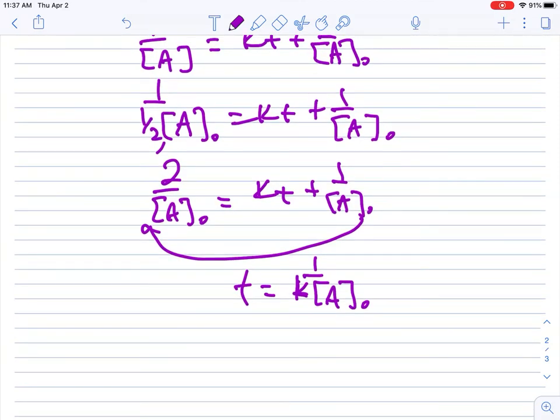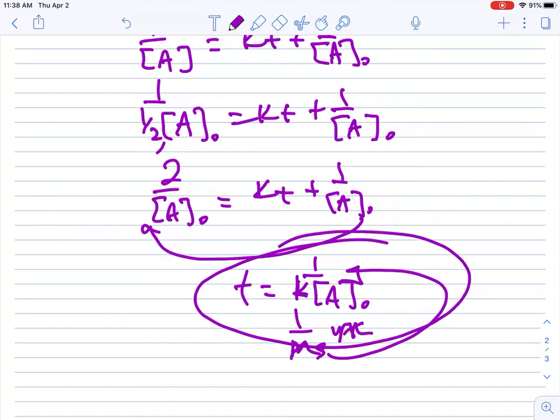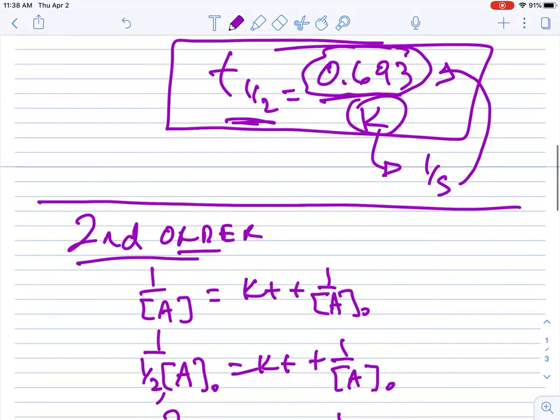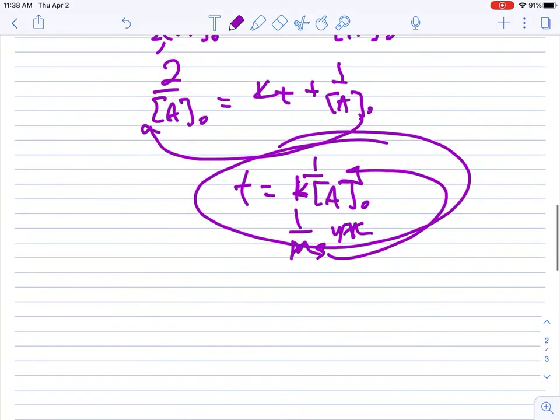Now, with this one, again, look at what happens with the units. Because this concentration is in molarity, and my k is 1/(molarity seconds), my molarities cancel out, my seconds flip up, okay, the units work out. So you have to view this as a holistic thing with the units. The units on all three of these, whether it's zero order, first order, second order, always have to produce units of seconds or hours or days or years or whatever that may be.